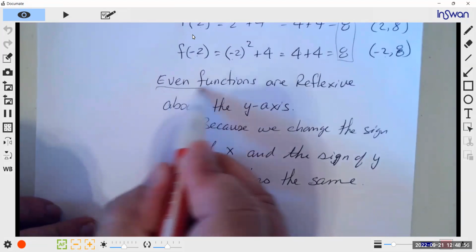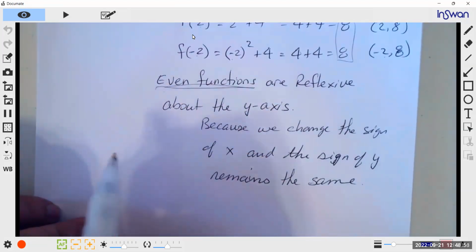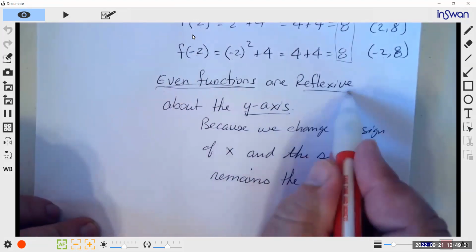So if you have an even function, then it's reflexive about the y-axis.